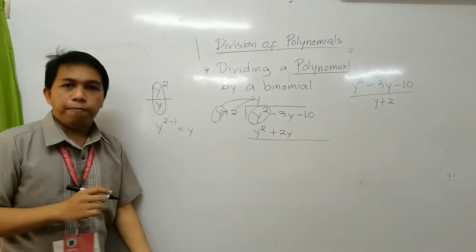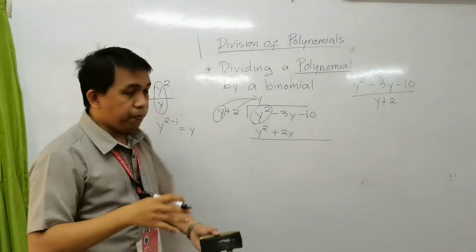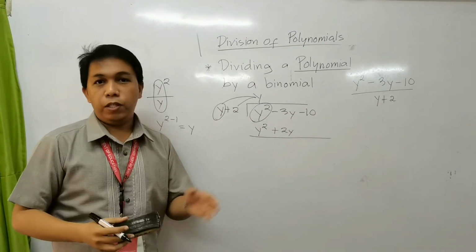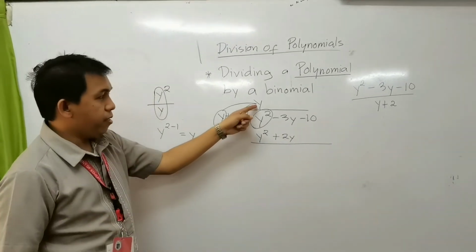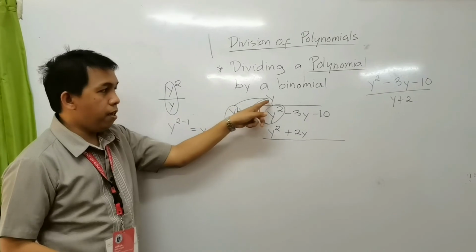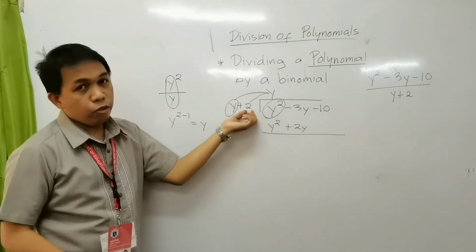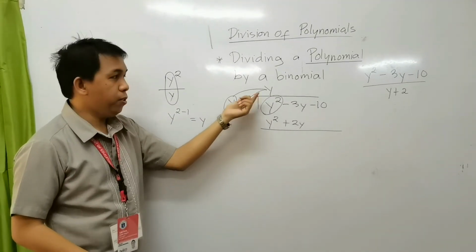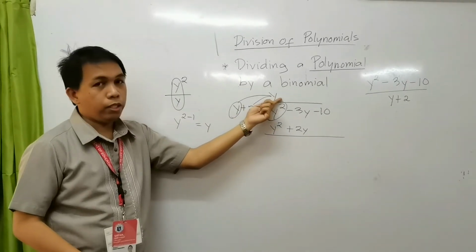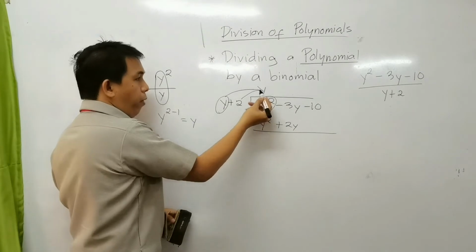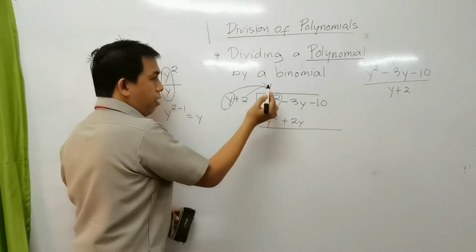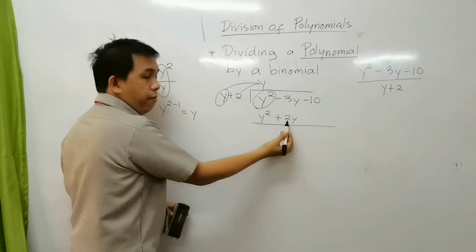Again, it's just the simple long division that you have done in elementary. Just multiply the terms. You need not forget the 2 here. You should distribute the y, the quotient, to every term. Again, y times y is y squared, then y times 2 is 2y.